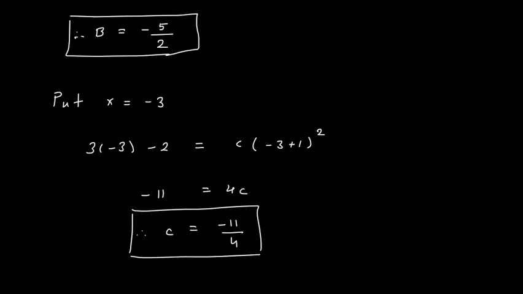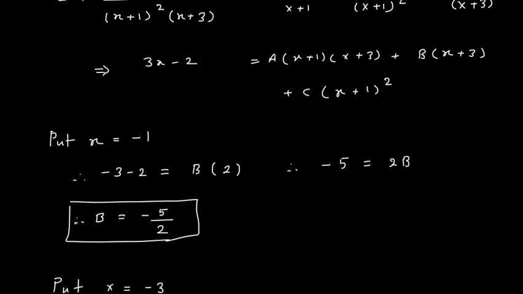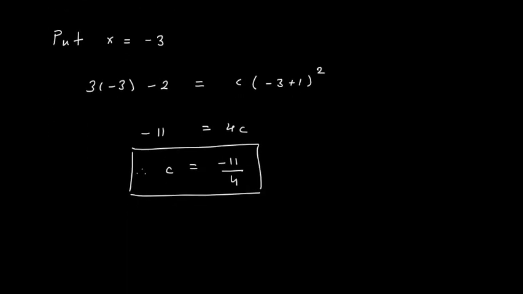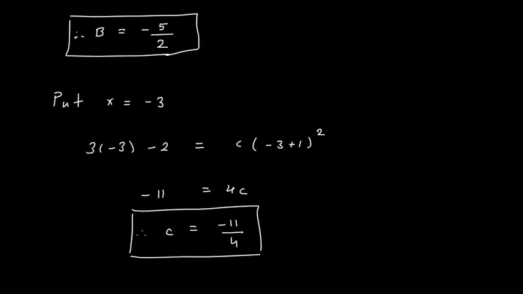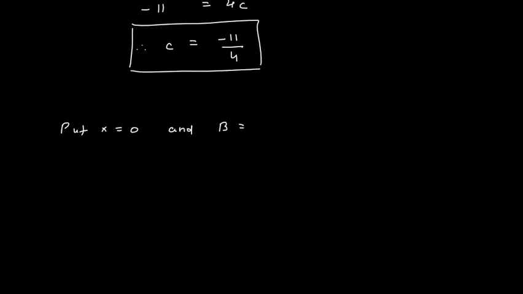Okay, so I get the value of b, I get the value of c. Now to get the value of a, I can take any value for x. So I will put x is equal to 0, and b is equal to what we got for b, minus 5 by 2, and c is equal to minus 11 divided by 4.